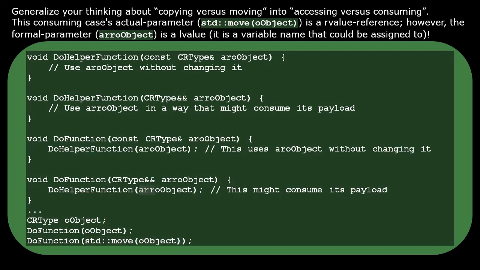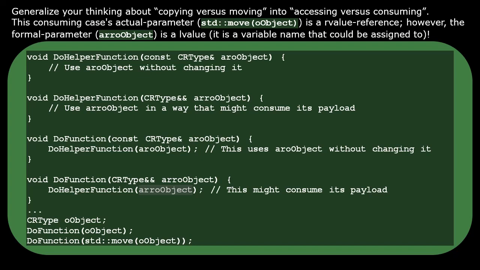The ARRO object formal parameter receives what we pass, but beware that the ARRO object variable is itself a L value. It is a variable name. It is something that could be potentially assigned to on the left-hand side of an assignment statement.